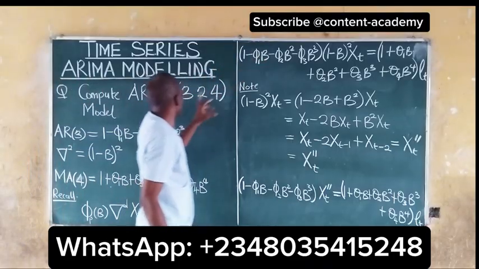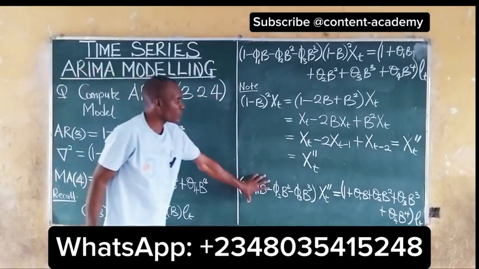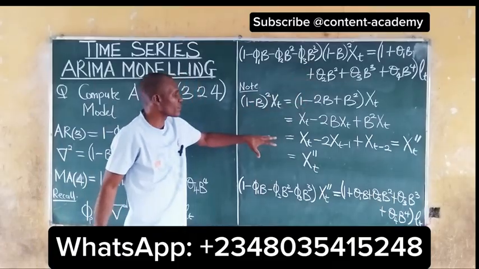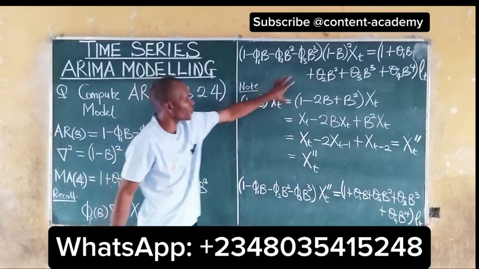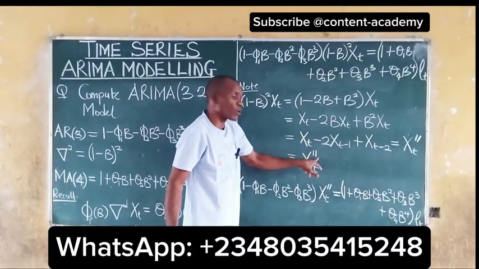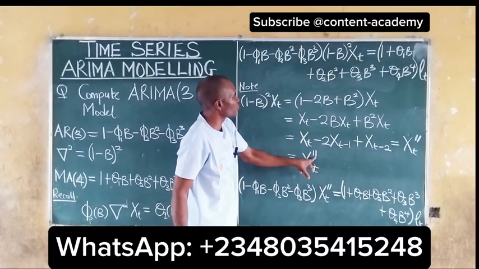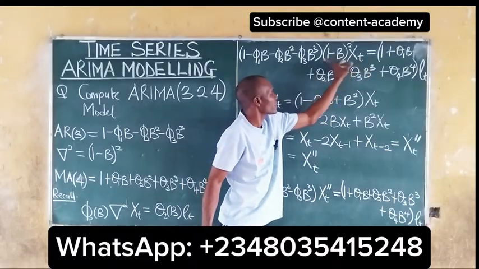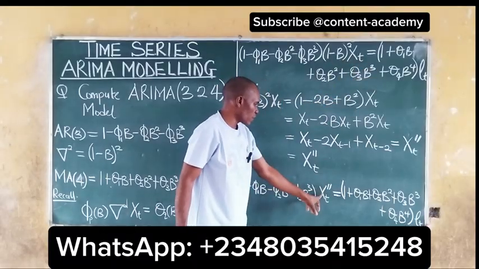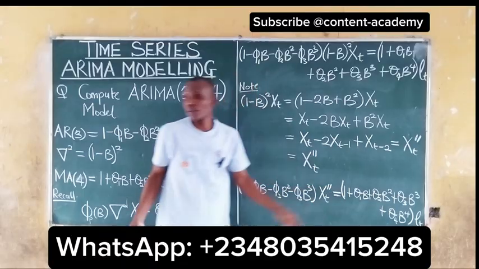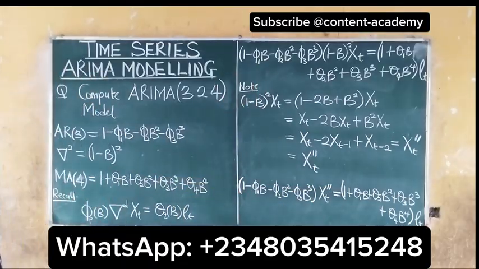This is our model for ARIMA(3,2,4). We are only trying to expand this to open it. For me to do that, we have to use the backward shifts, and the expression to be equal to this. Since this is equal to this, wherever we see the whole of this, we put Xt''. So we expand that.